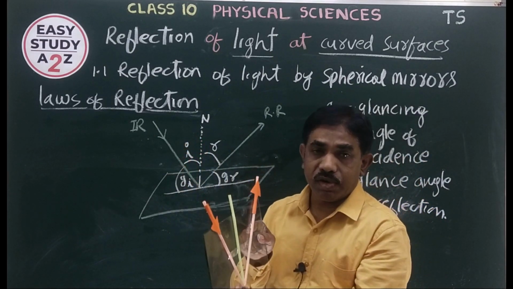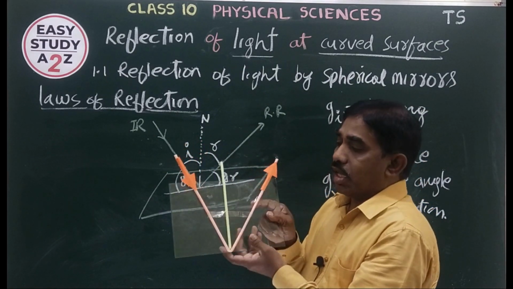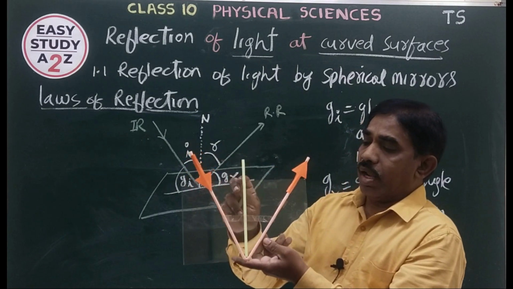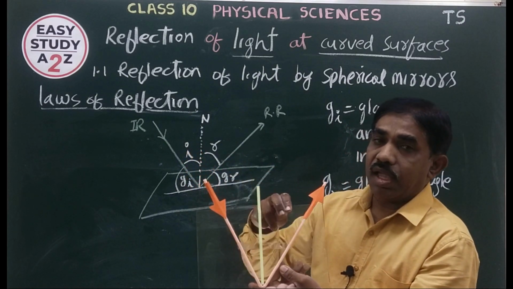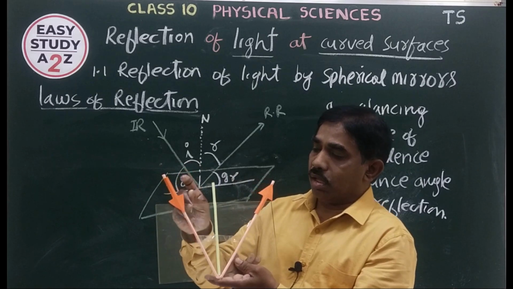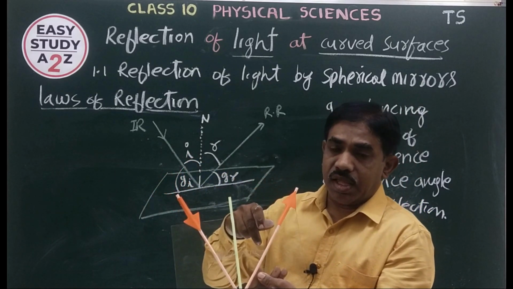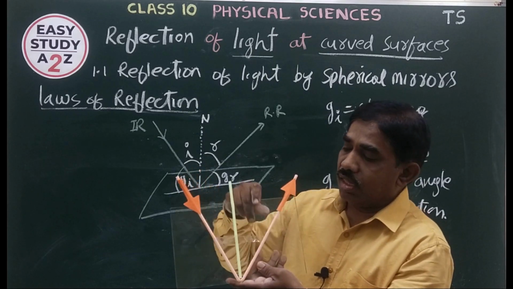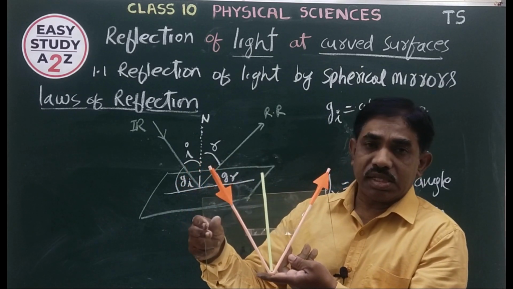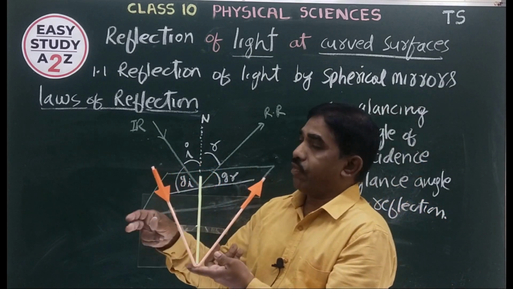So the first law of reflection says the incident ray, the normal and the reflected ray lie in the same plane. This is the first law of reflection.